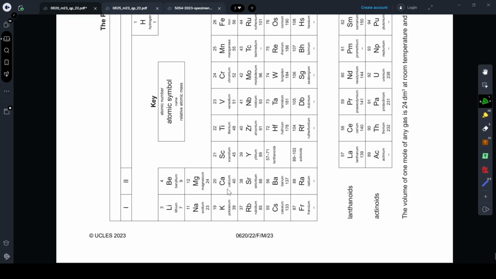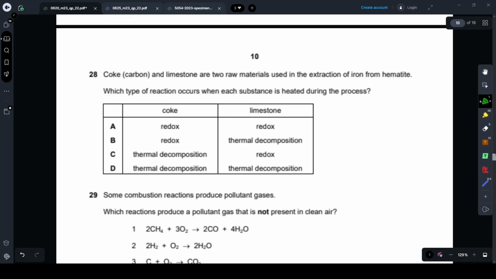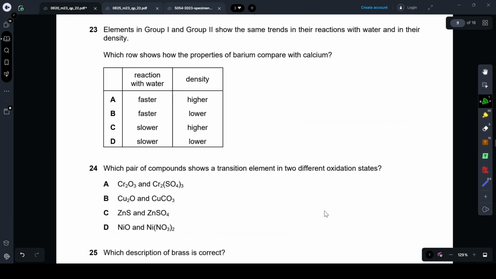So they're both group 2 elements. Now, what is the reactivity going down the group? Does the reactivity increase or decrease? It increases, right? And what was the other, the density? So would the density of barium be higher or lower than calcium? Higher. So that's A.